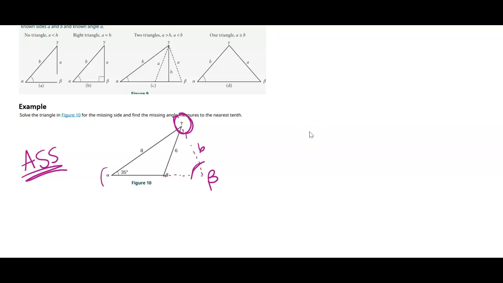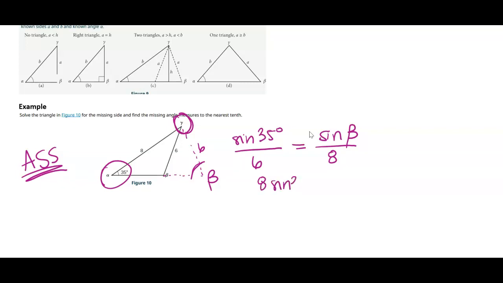So I know the sine of 35 degrees over 6, sine of alpha over a, must be proportional to the sine of beta over 8. Let's cross multiply and divide.